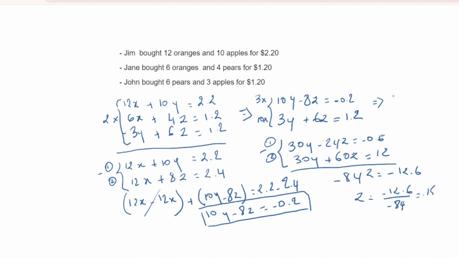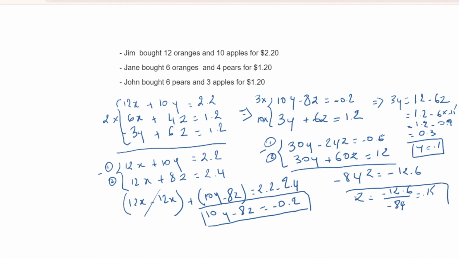So 3y is equal to 1.2 minus 6z, which is 1.2 minus 6 times 0.15, 1.2 minus 0.9, which is 0.3. So y is equal to 0.1. So we have z equal to 0.15 and y equal to 0.1.